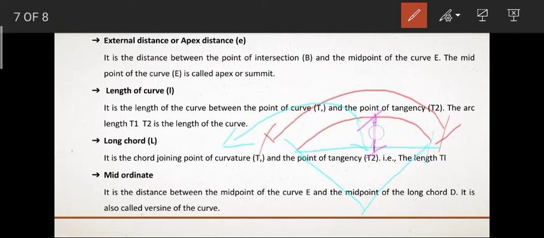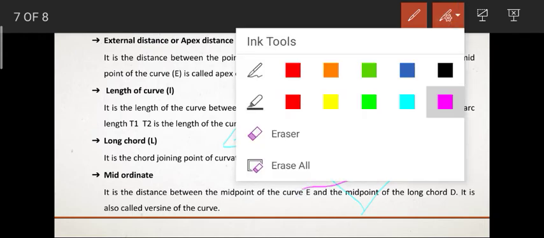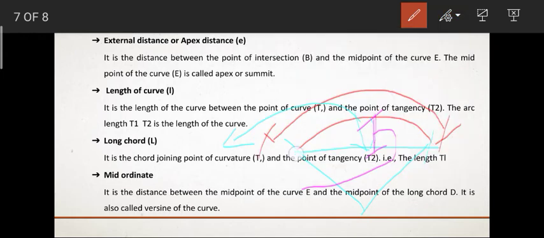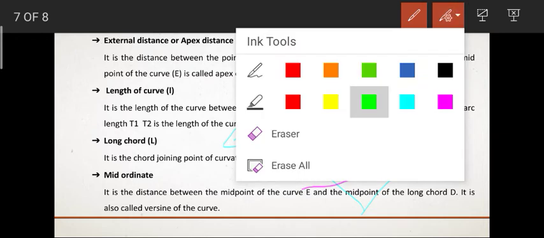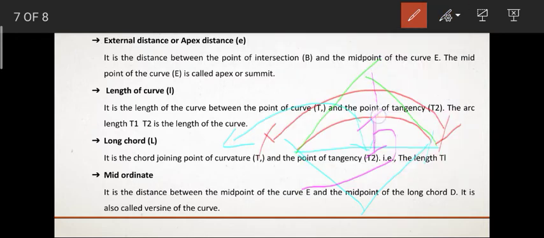This distance is called the mid ordinate. This is called the apex distance E. This is your mid ordinate.